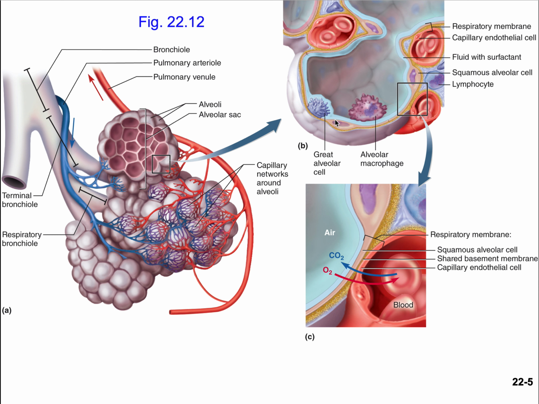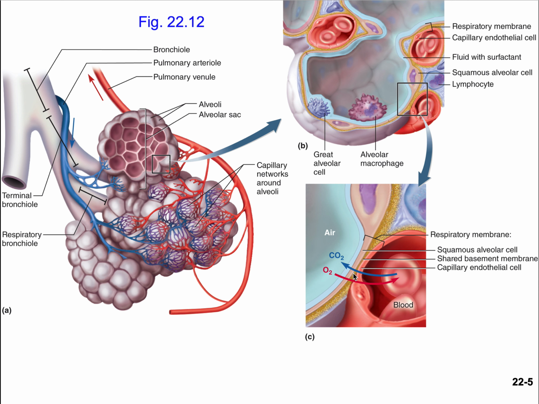Okay. And what you see is that the wall of the alveolar sac is composed of a simple squamous alveolar cell right here. And then as they show you in further detail, this is a pickup of that spot, and now this is a pickup of that spot. So we're looking at this in much more detail.